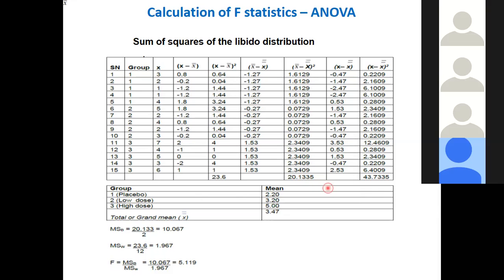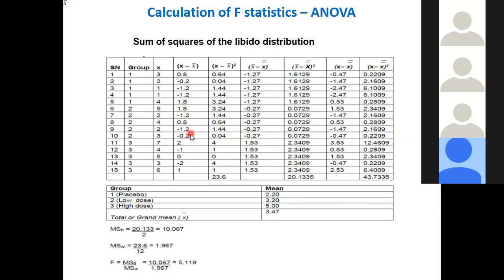Then the sum of squares within is these first two columns. For each group, like numbers 1 to 5, which is group 1, you remove their group mean 2.2 from each of these values X. For group 2, which is 6 to 10, you remove their group mean 3.2 from each value.